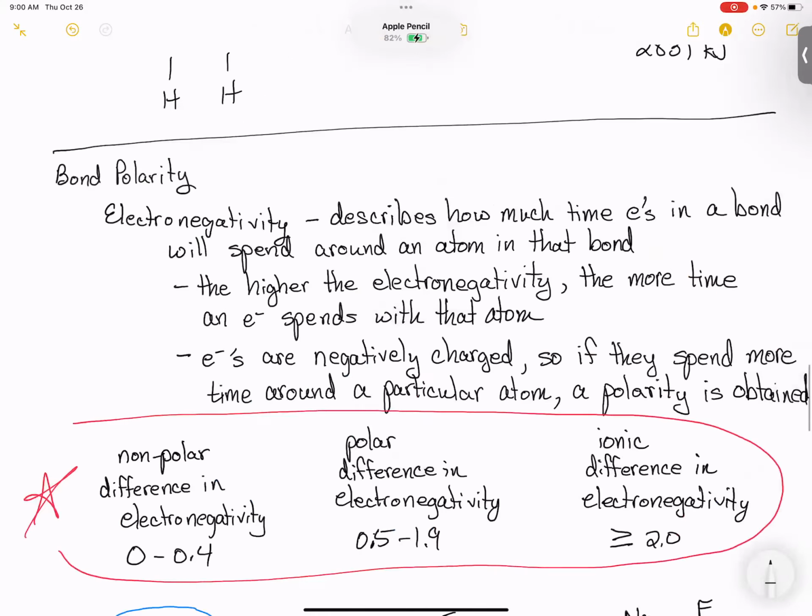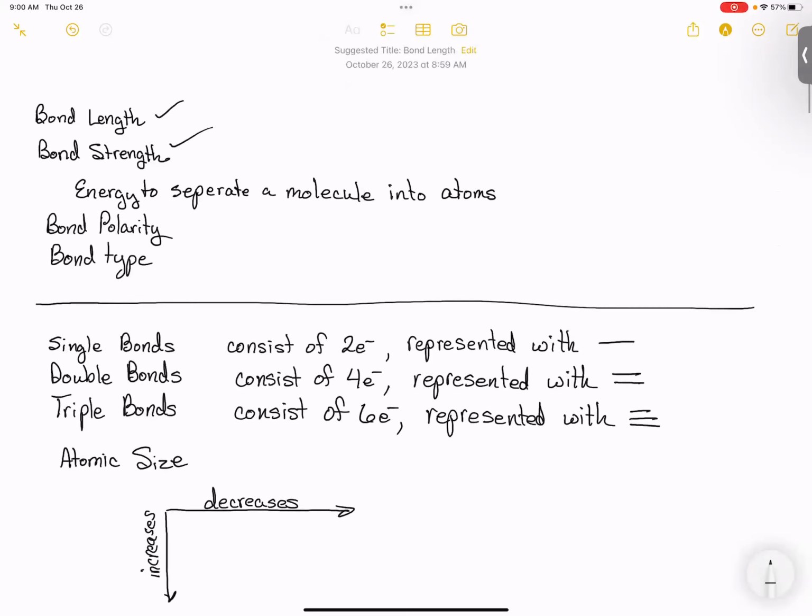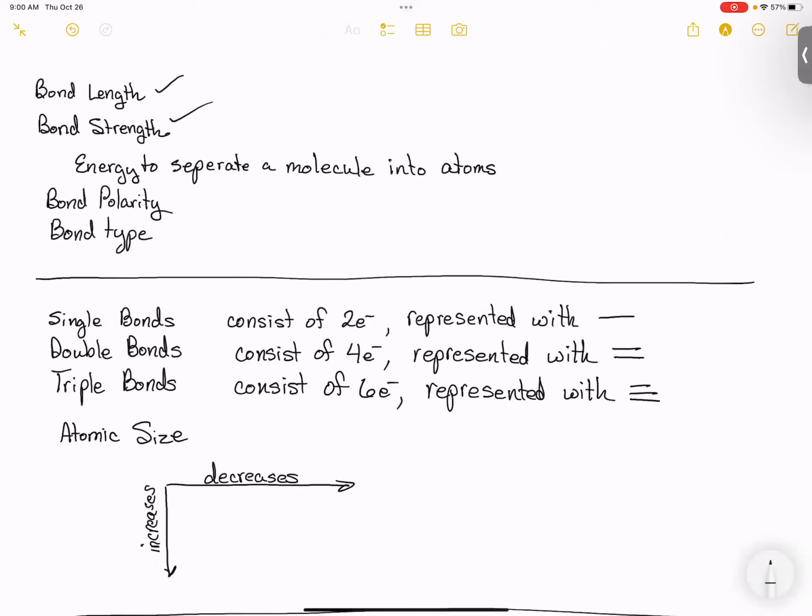So today, all I wanted to do was go over the basics: bond length, bond strength. We talked about the bond strength and how that applies to the energy to break a molecule apart, the bond polarity, and then the bond type. The bond type we'll actually encounter in greater detail today in the laboratory, or at least you'll get to see it, but it will apply to what we're doing in the laboratory.